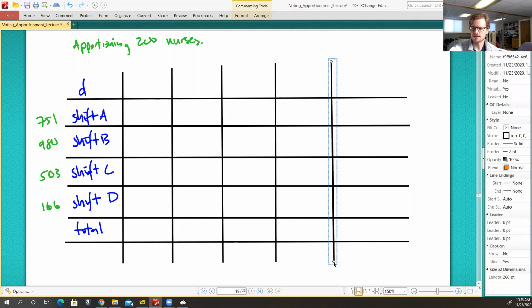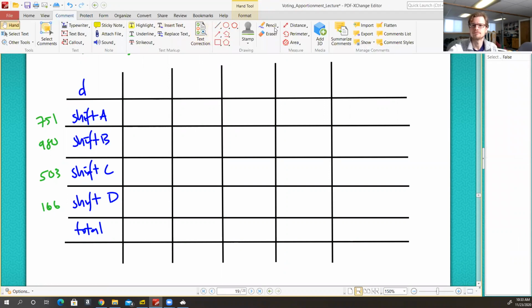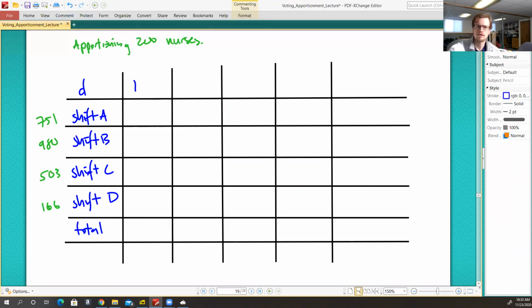You may want to just add these as you need them, and that would be okay too. All right, so we start off with our standard divisor, so that way we know how we need to adjust these things.